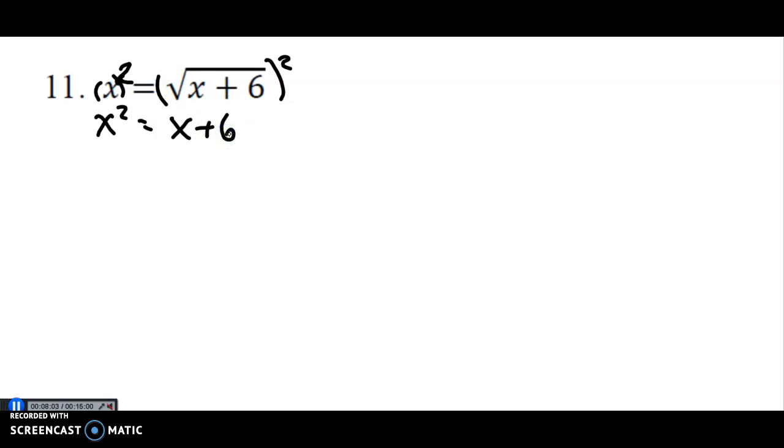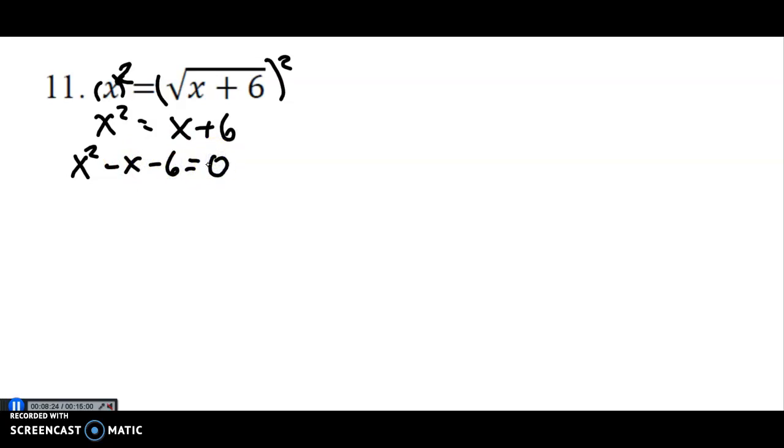So I see a squared variable. When we're solving an equation with squared variables, hopefully you remember from chapter 7, that means we need to factor. So I need to bring everything over to the left-hand side so that my equation is set equal to 0. And this is going to give me x squared minus x minus 6 equals 0.